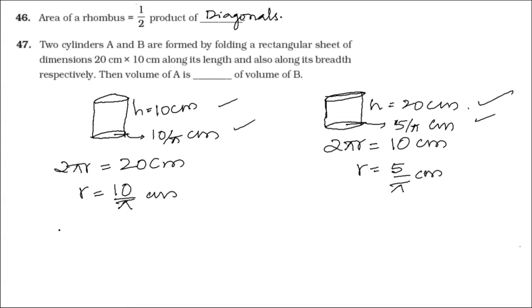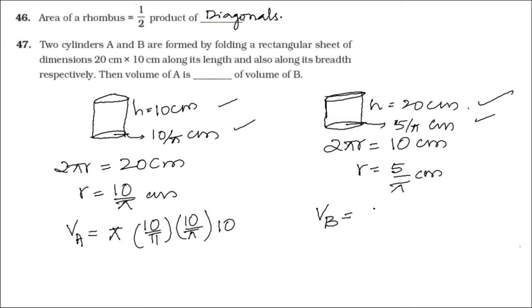We can find out the volume. Let me call the volume of figure A as VA, and let me call this as VB. Volume is given by pi r square h. So pi multiplied by r square, which is 10 by pi, into 10 by pi, because r square into height is 10.